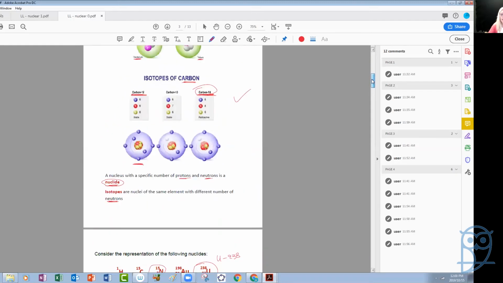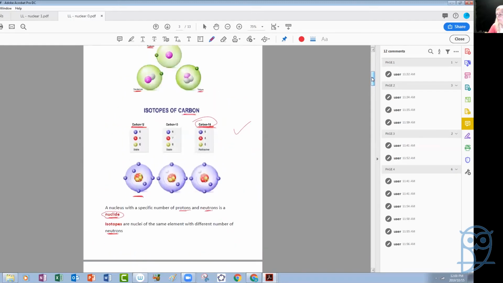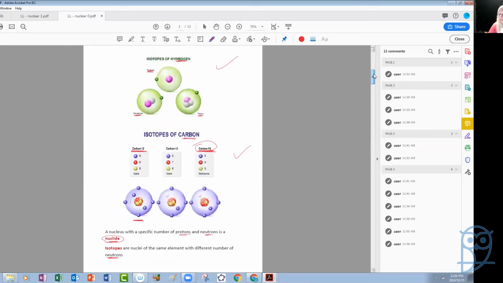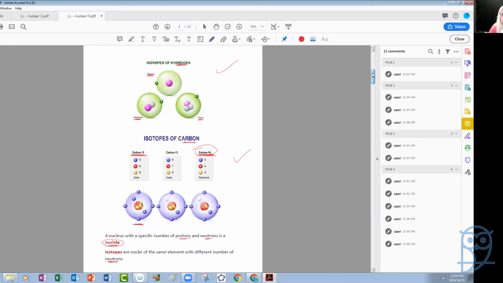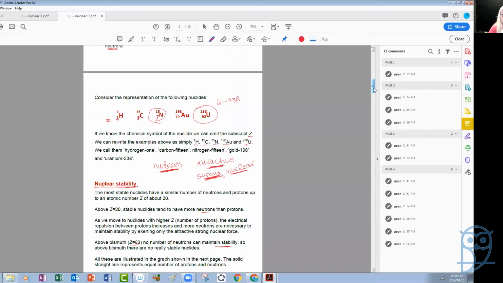Okay, so perhaps next week, it seems to me from your comments that it is the first time that you see this chapter, so we might go through it as well.